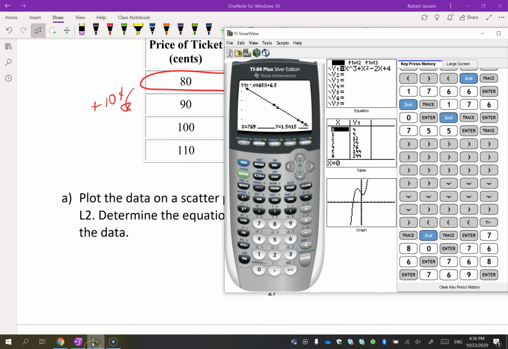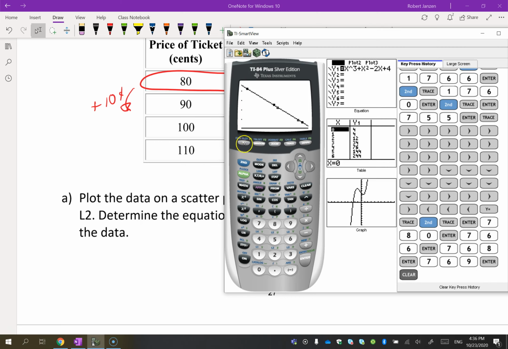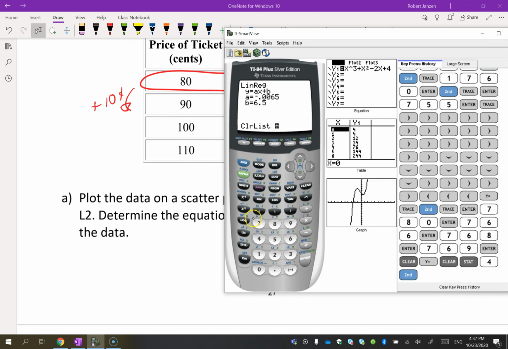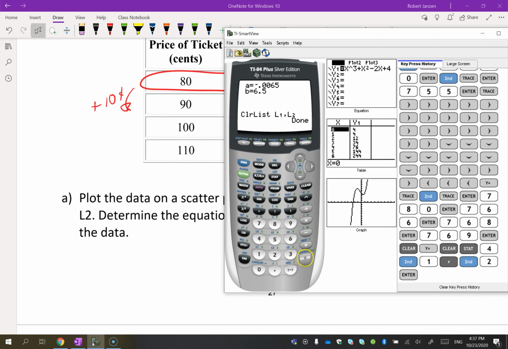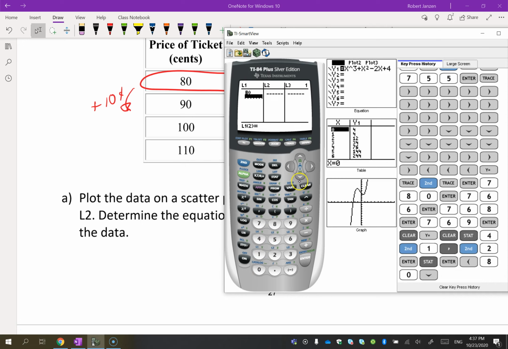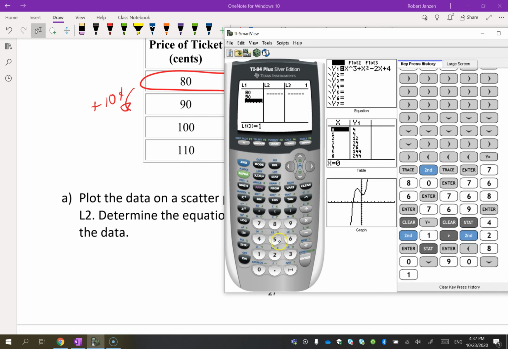So we'll go back here. I've got all kinds of stuff to clear. I'm going to clear my list, L1, L2, this is all from the last example. Let's plot this into our scatter plot. So I want 80, 90, 100, and 110.